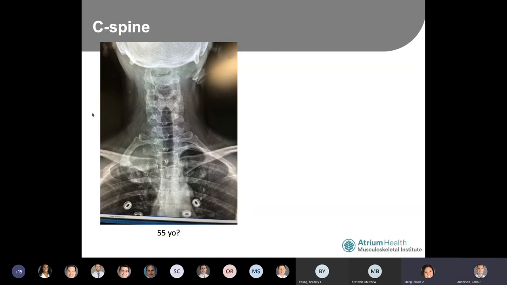This is an X-ray that was sent to me by my co-resident who practices spine in Alabama, and he picked up on this. The patient had pain in the right side of her neck. There's something going on, I think, in the first rib on the right.